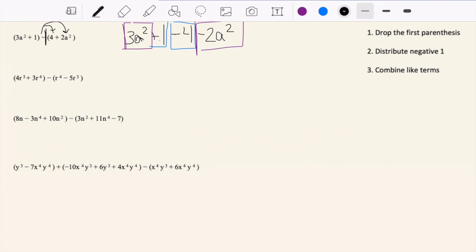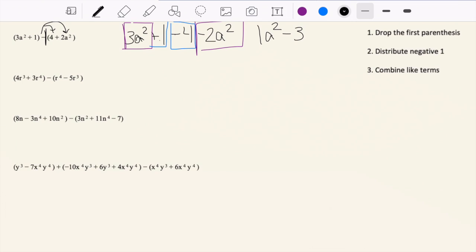All right, so we have 3a squared minus 2a squared. That gives us 1a squared. And then we have 1 minus 4 gives us -3. So -1a squared or just -a squared minus 3 is our answer.